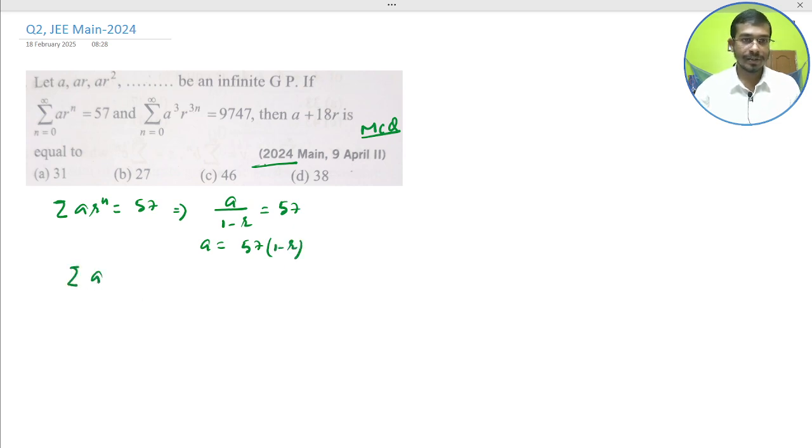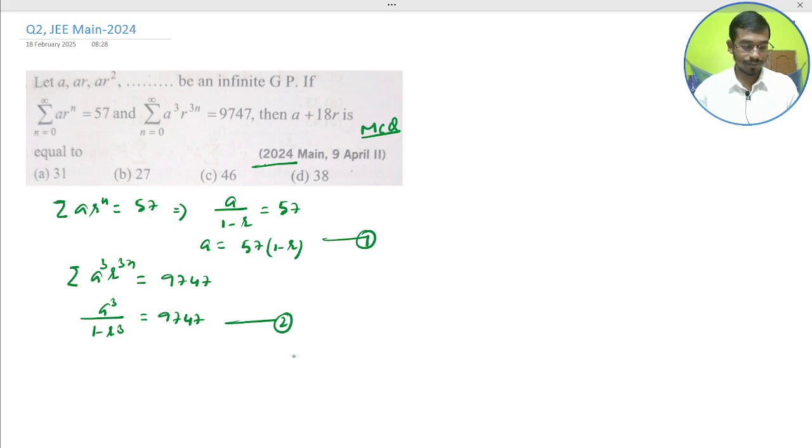Next, the summation of a cube r to the power 3n is 9747. So a cube divided by 1 minus r cube equals 9747. This is equation 2 and that is equation 1.